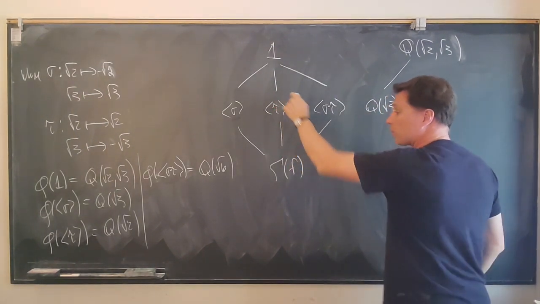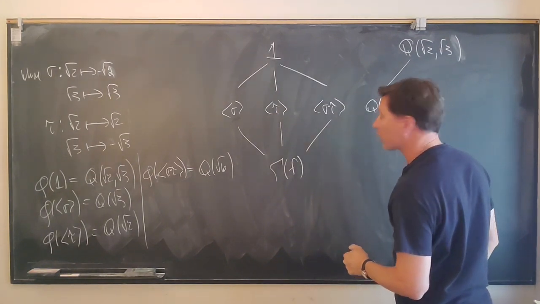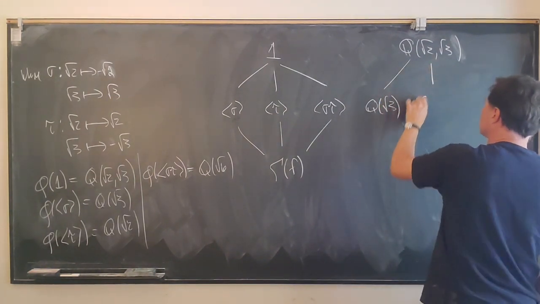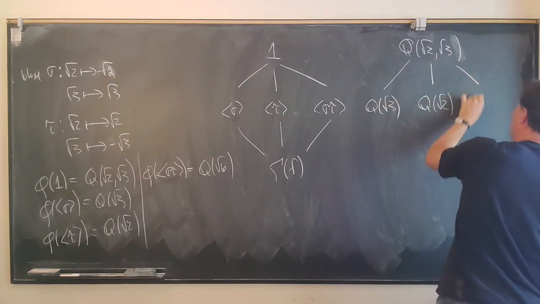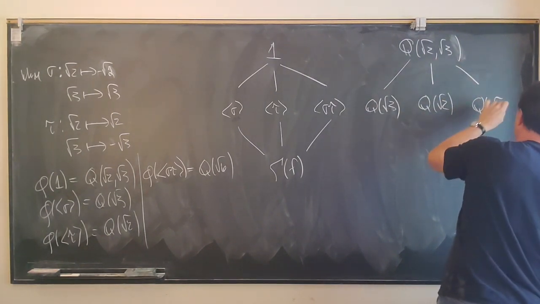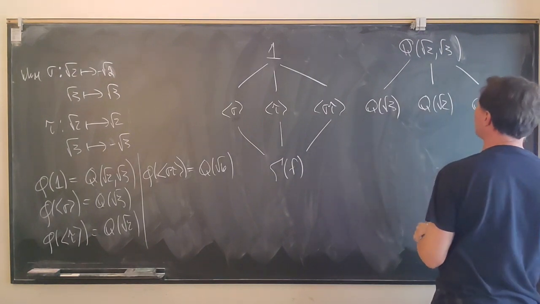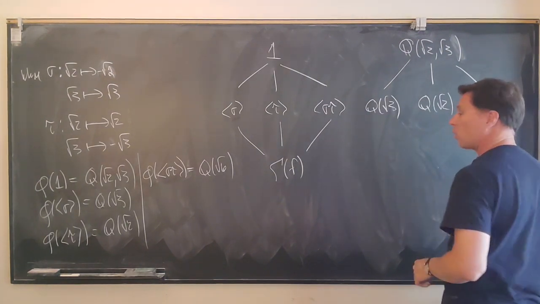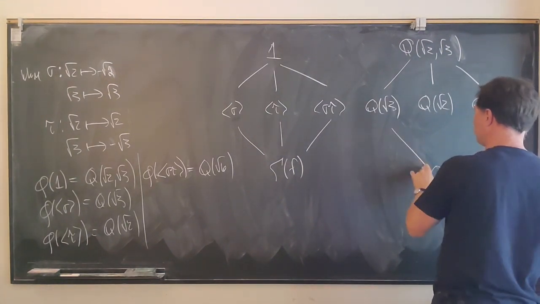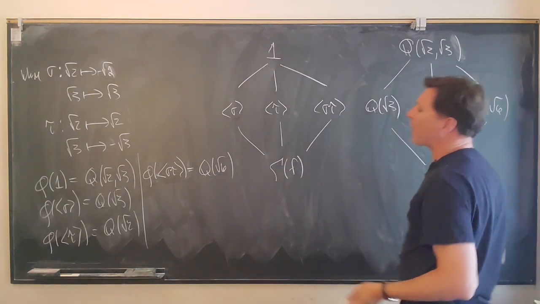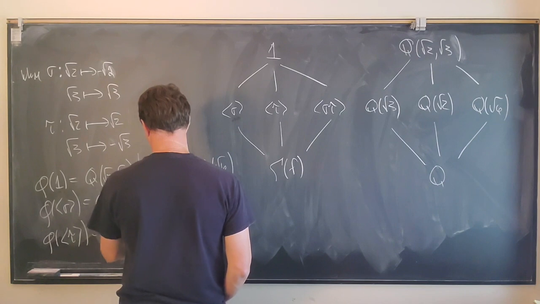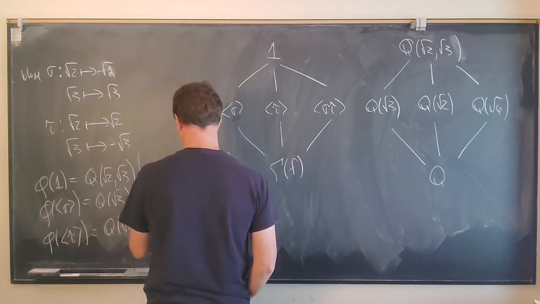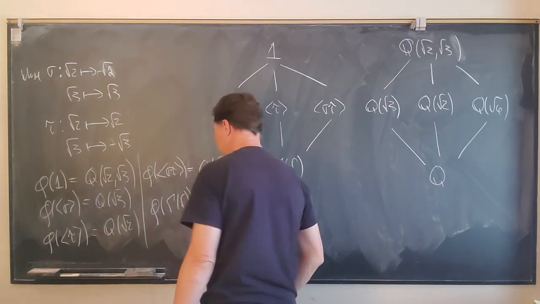Corresponding to the subgroup generated by τ, we have Q adjoin √2. And then over here we'll have Q adjoin √6. And then finally, at the bottom, we will have Q. Which, by the way, I should have written down, φ of Γ(f) is equal to Q.